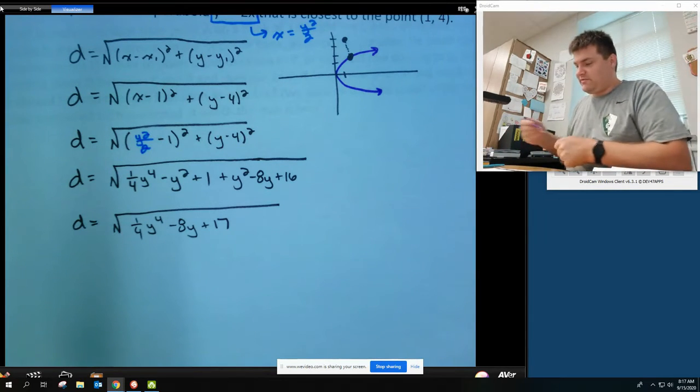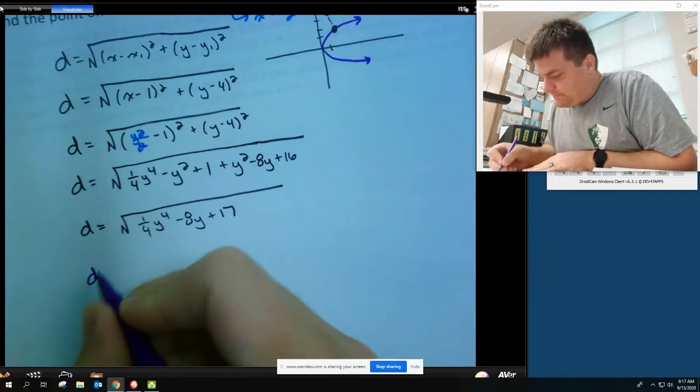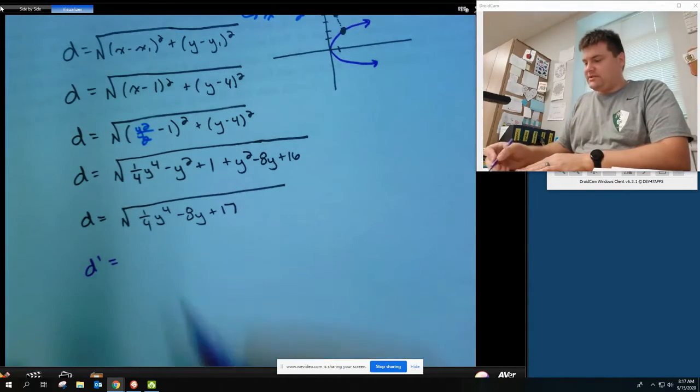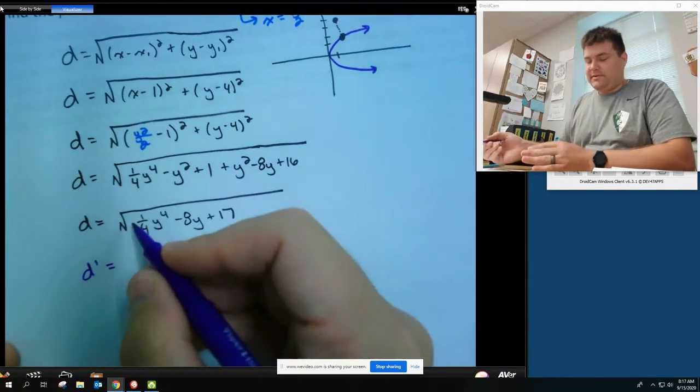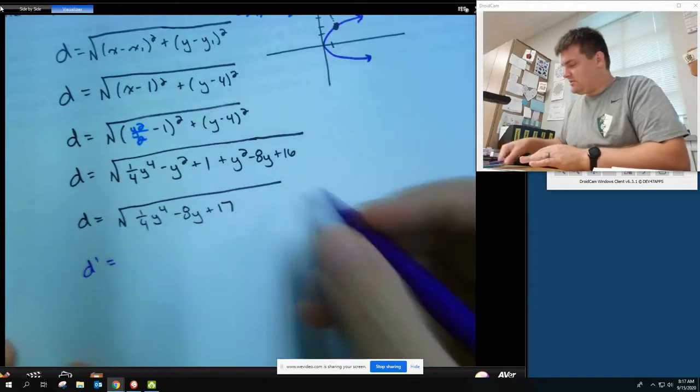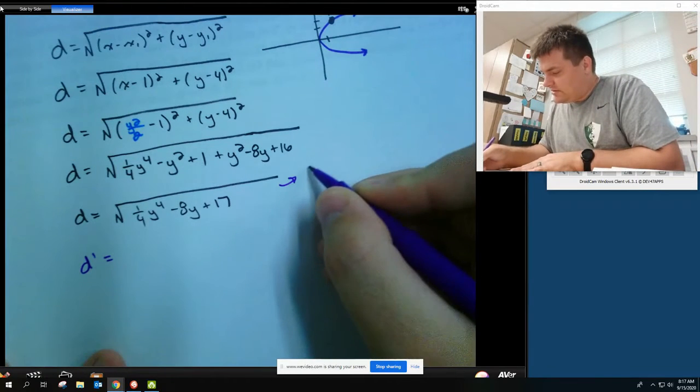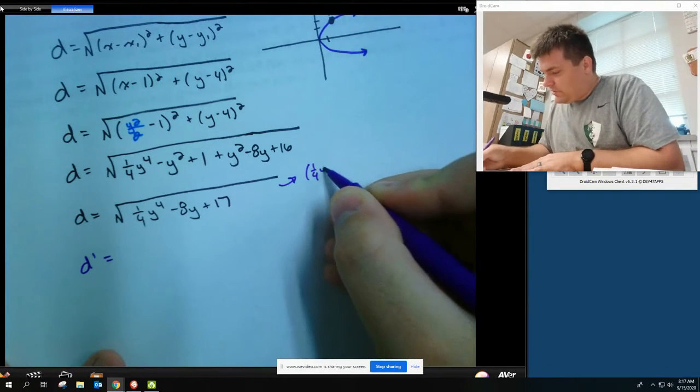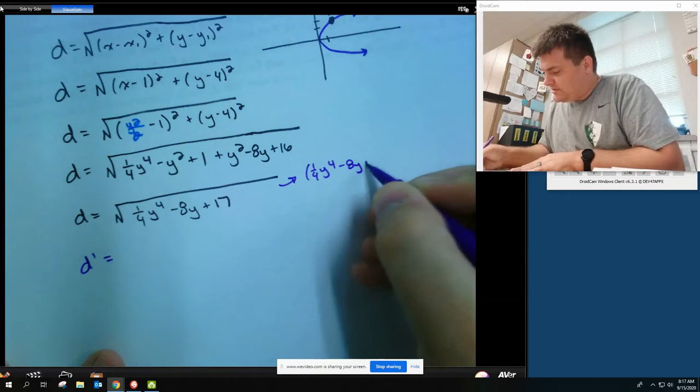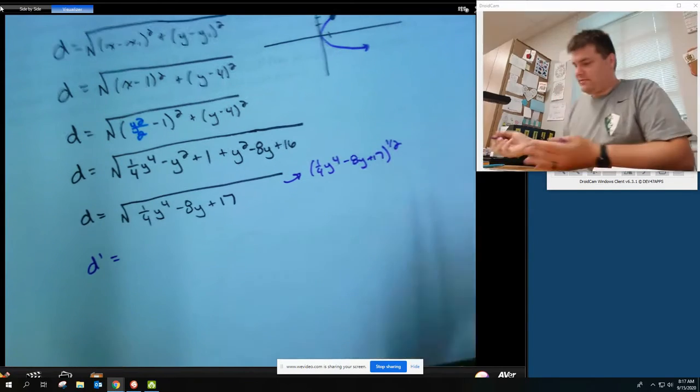So I'm going to take the derivative of this. I'm going to get d prime equals, and now this is going to be a little bit of a chain rule here. This is actually the same thing, by the way, as 1/4 y to the 4th minus 8y plus 17, all to the 1/2, right?